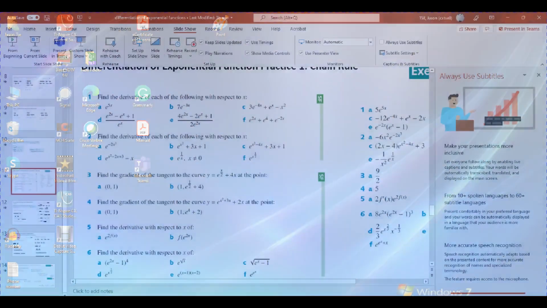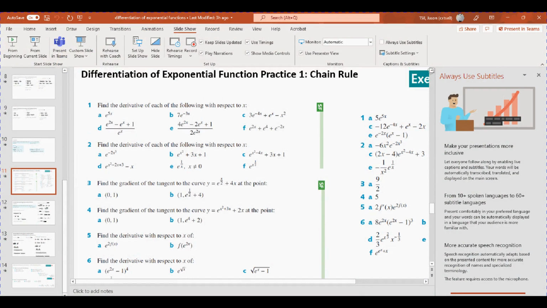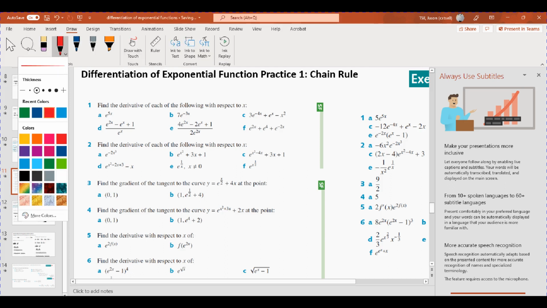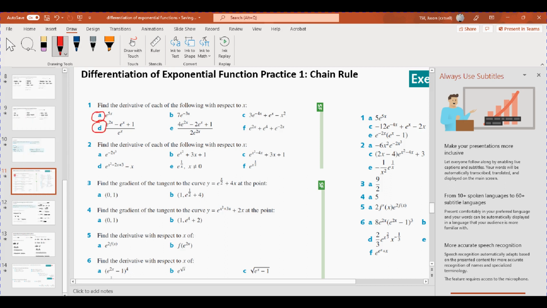For the first part, I would like you to do question 1A, question 1D, and also 2A, 2D, and 3A, find the gradient of the tangent. Then 4A. Okay, so these are the questions I would like you to do, and that's for practice 1.